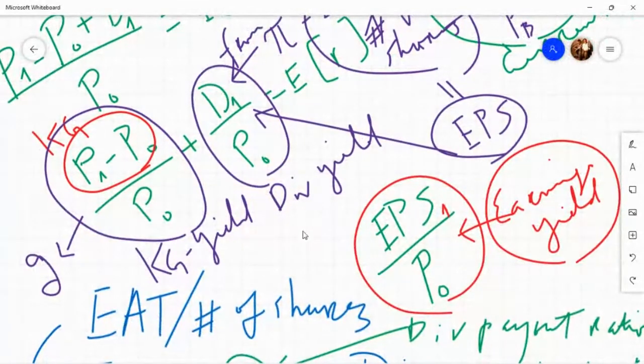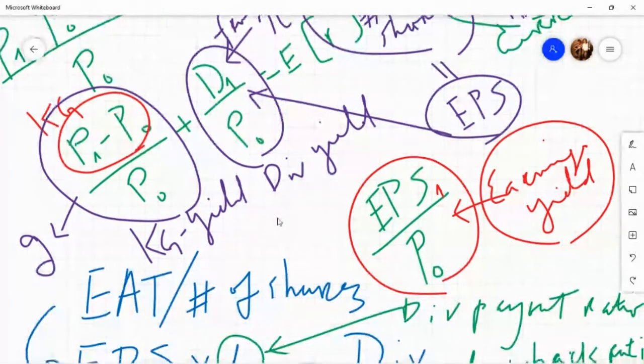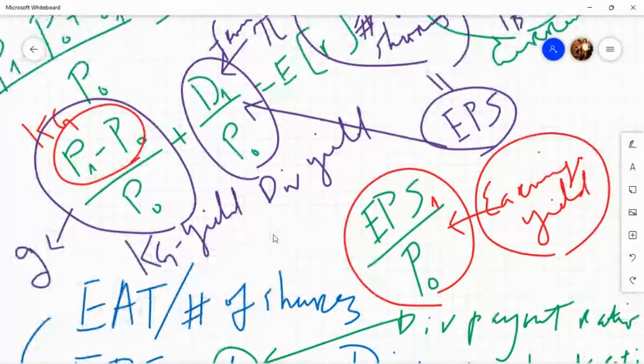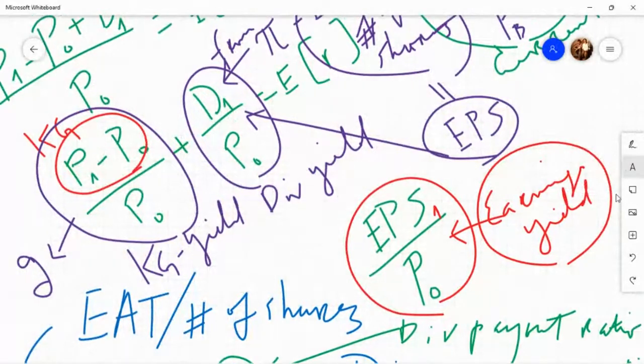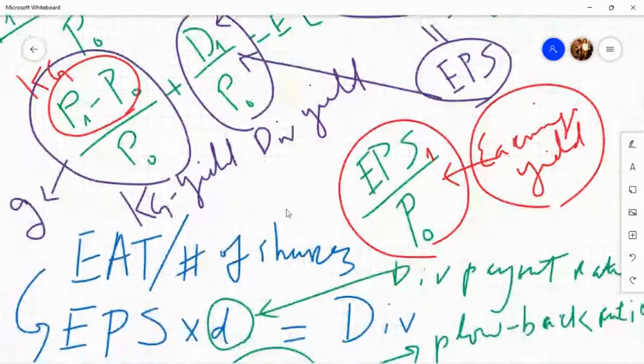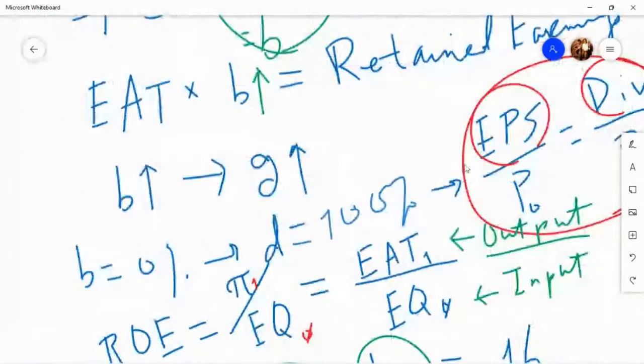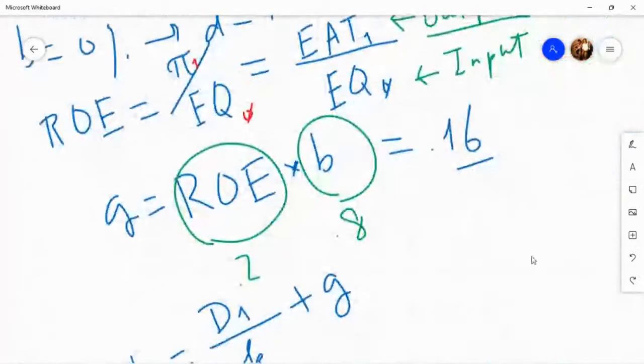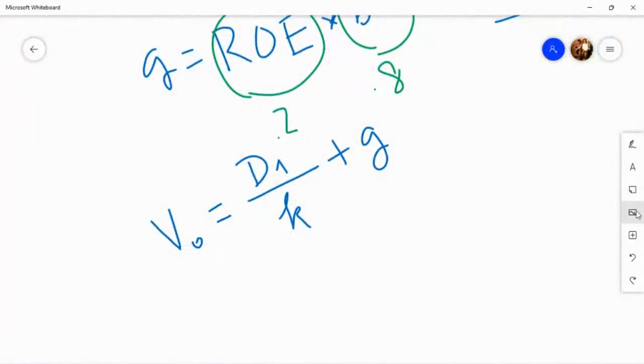Now, think about it. If we solve this equation, this was a little bit mixed, but what I'm trying to say is, I have to rewrite the whole thing.